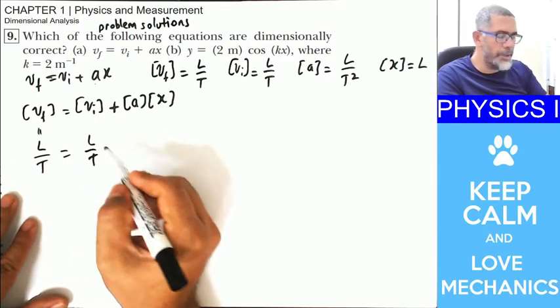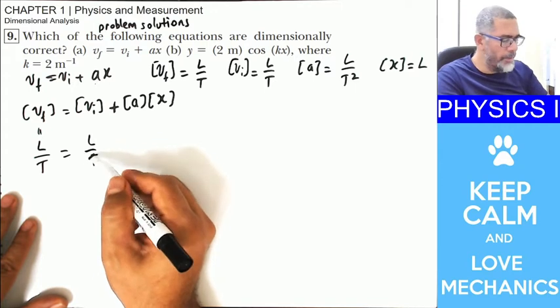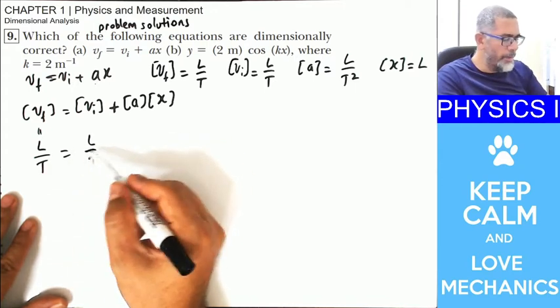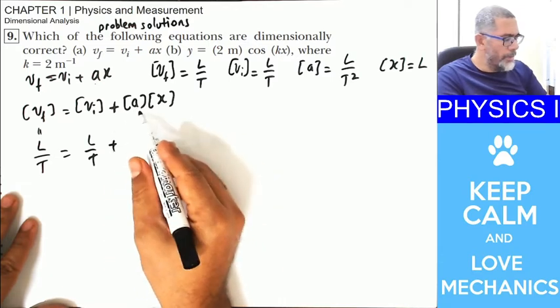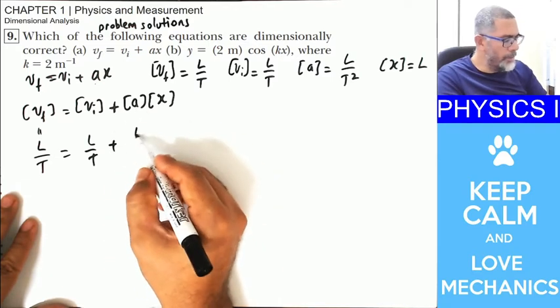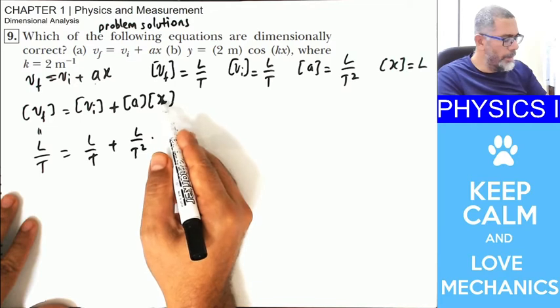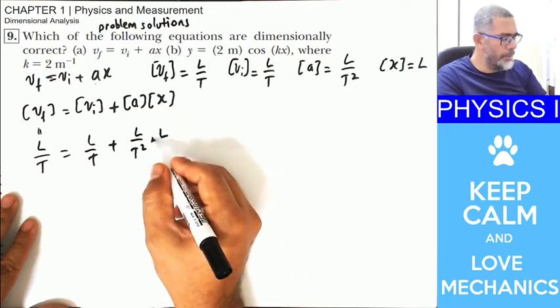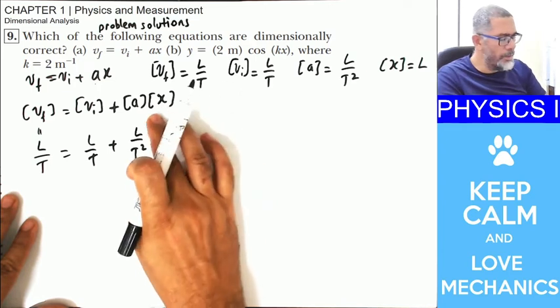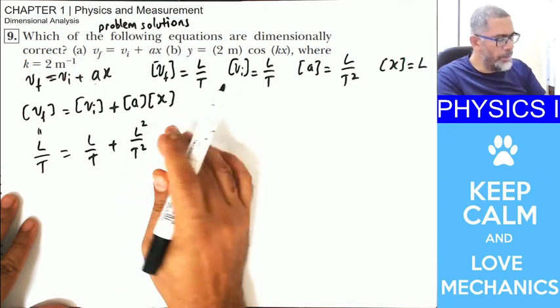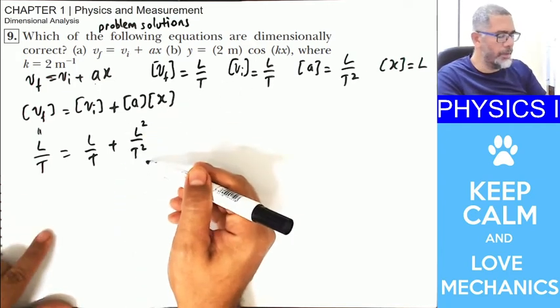So the first expression on the right hand side just obeys the correctness, and plus A is L over T squared, and x is L. There is a multiplication over here. So the last term on the right hand side is just L squared divided by T squared.